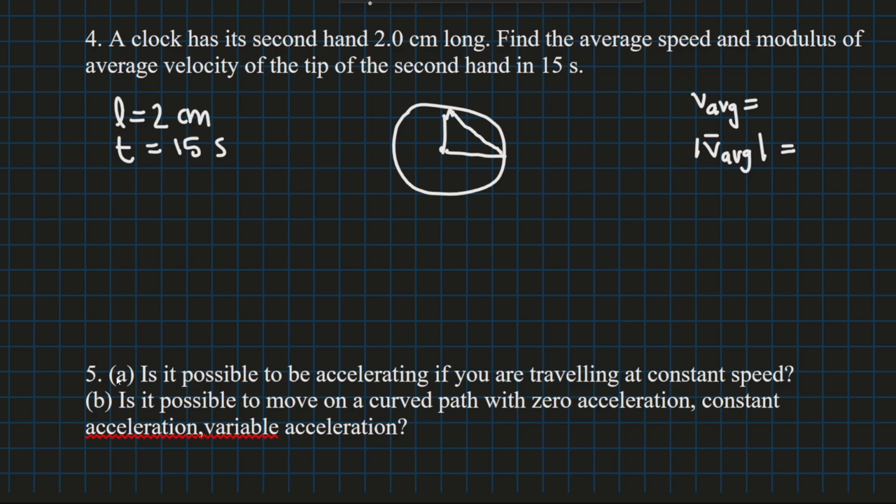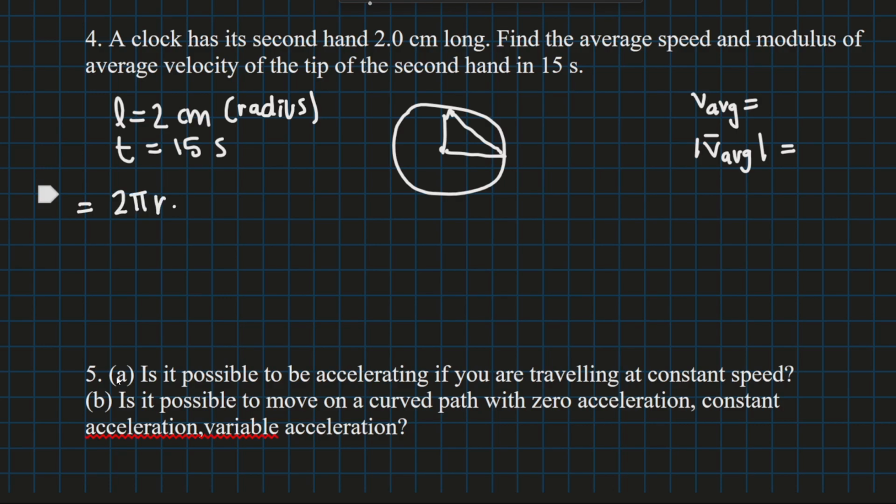So if 2 centimeter is L, where the second hand reaches the maximum distance, we could also take it as the radius. So to find average speed, we could write total distance upon total time. Now the distance over here is this curved path. This curved path is equal to 2 pi r, that is the circumference of a circle.